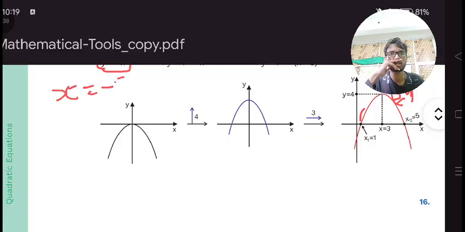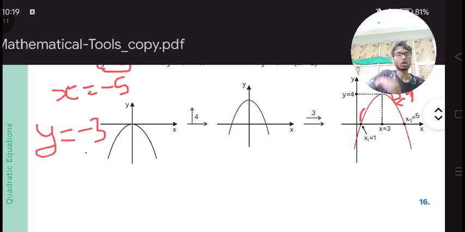It means yes, this, and is it going upward or downward? The curve is going downward, okay, by 3 units, by 4 units. So of course minus 3, it will be minus 3 because this is going downward, that's why. Okay.